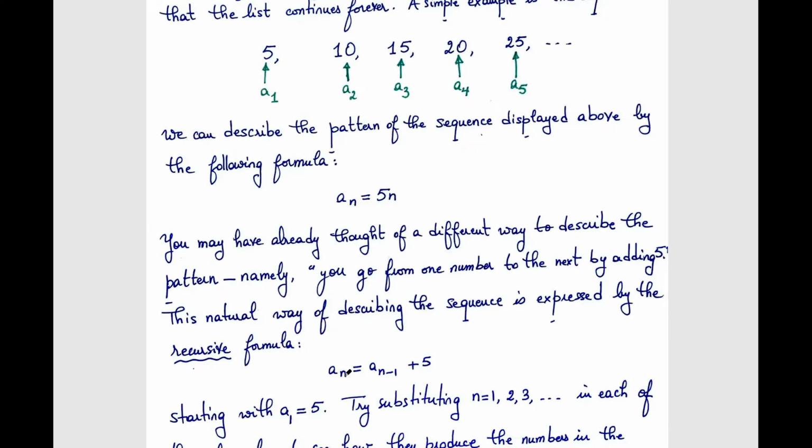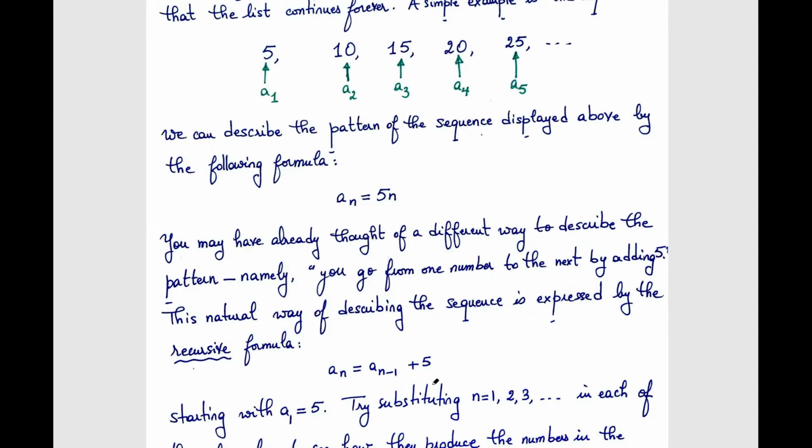Correct? So one more time, what does this mean? This means that the term in the sequence whose rank is n is equal to the previous term, the term that has rank n minus 1, plus 5. Correct? If you follow this recipe, every term is 5 units more than the previous one.